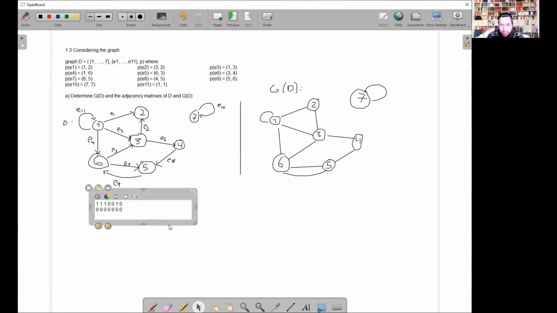We pass to the third row, and from 3 we don't have any link to 1. We have 1 link to 2. We have no links to 3, 1 link to 4, no links to 5, no links to 6, and no links to 7. We pass to the fourth node, and we only have 1 link to 5, right, on the fourth node.